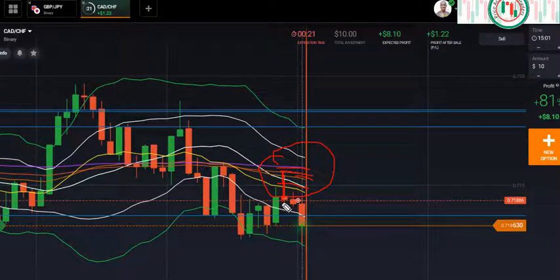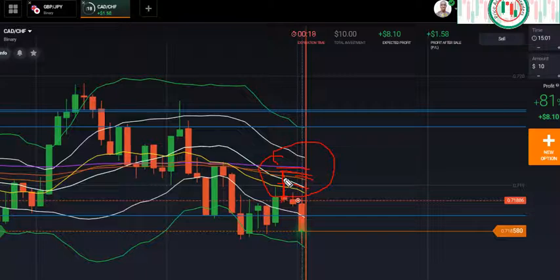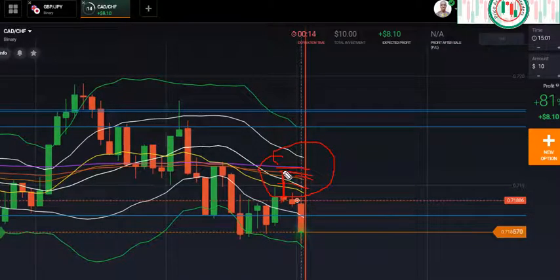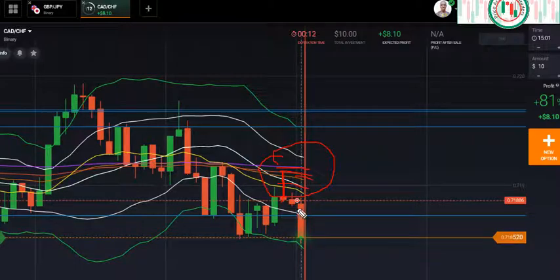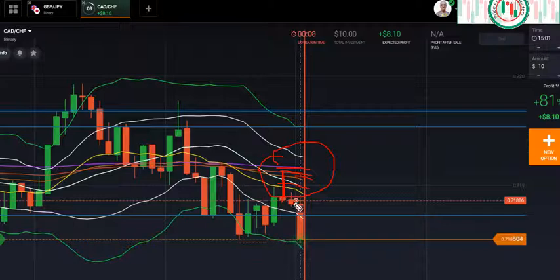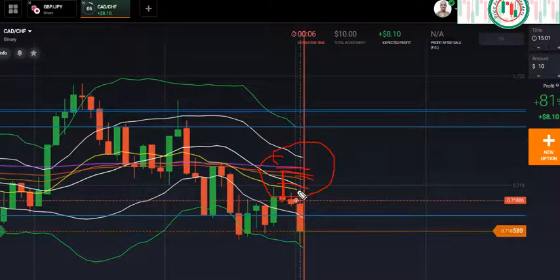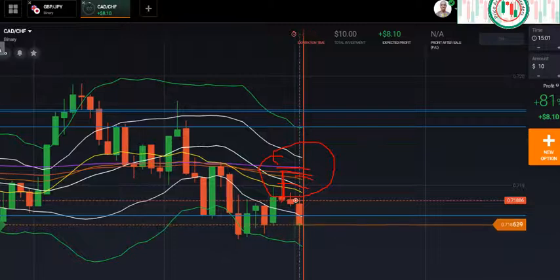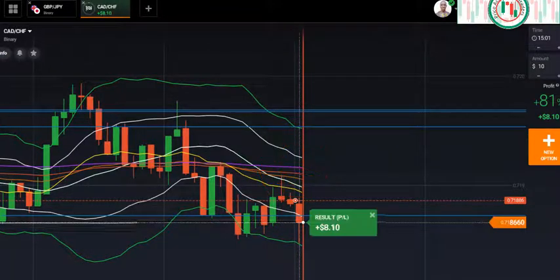See the rejection from EMA. This candle rejected from 100 and from 50 EMA, and all price bars are below all EMAs. So that's why I know the market will definitely come down.